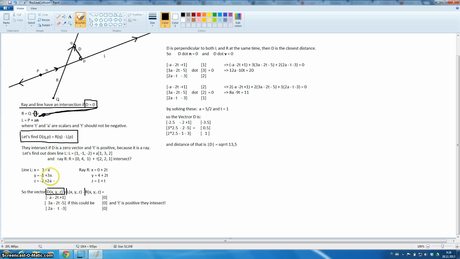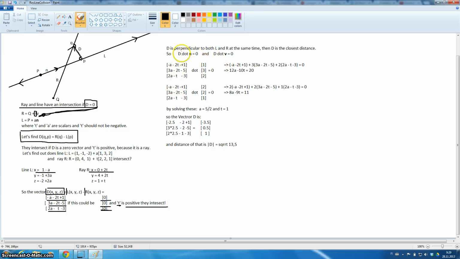We do a minus by this line minus this line. This could also be done the other way, but I chose this way. And then we find those vectors, and in that case, if this is a zero vector and t is positive, then they intersect.